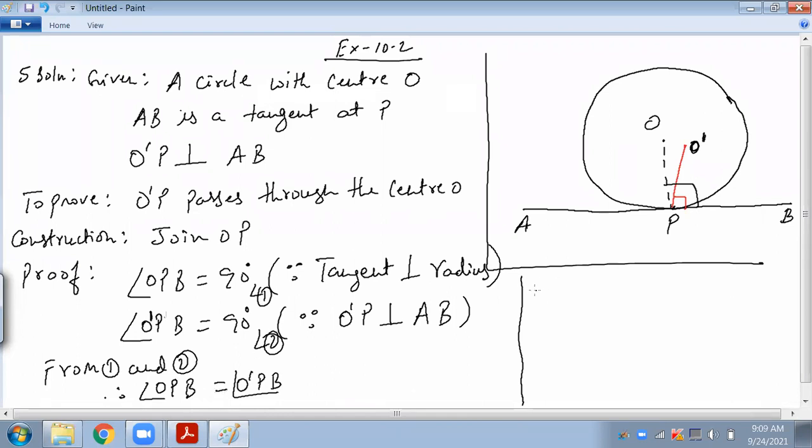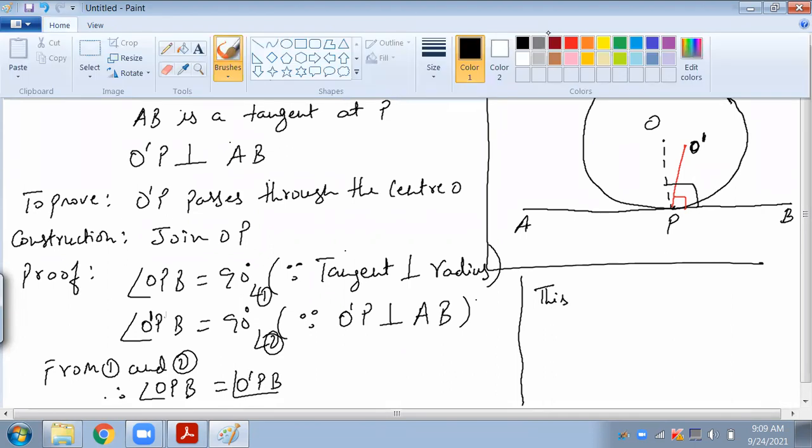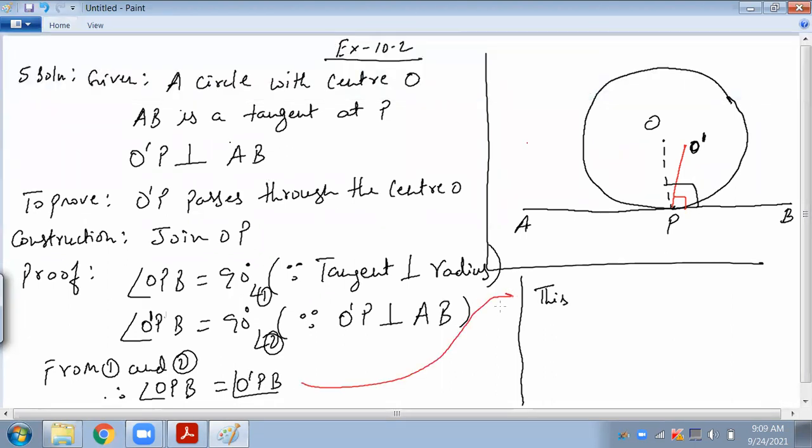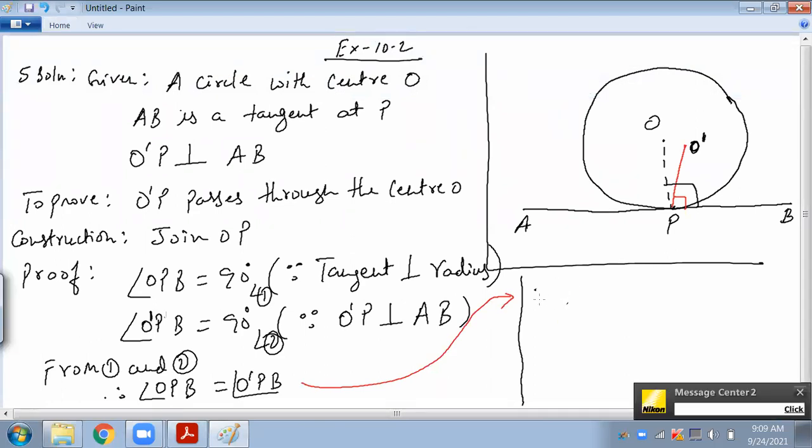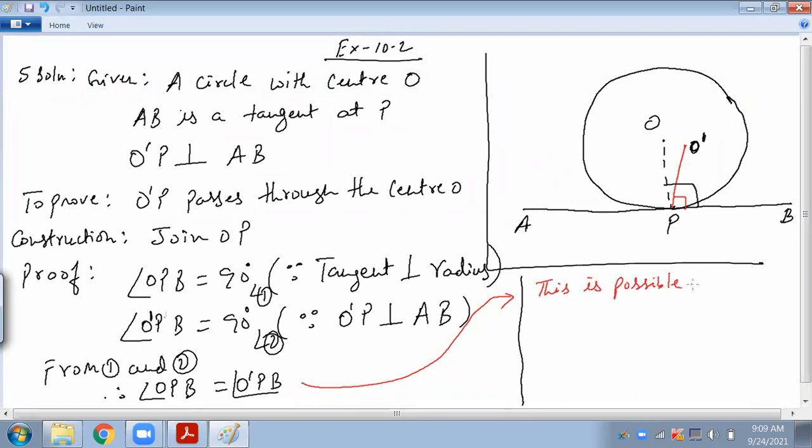Now, this is possible only when OP and O'P coincide.